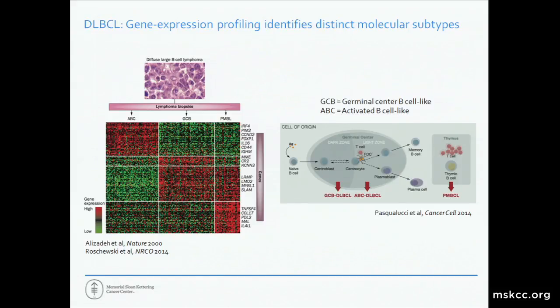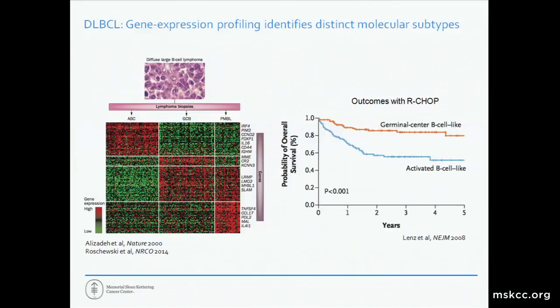The reason I'm mentioning this is the important finding that when you segregated patients with DLBCL based on this cell of origin classification, the GCB subset did very well in response to R-CHOP chemotherapy, whereas the ABC subset accounted for most of the patients that did poorly.